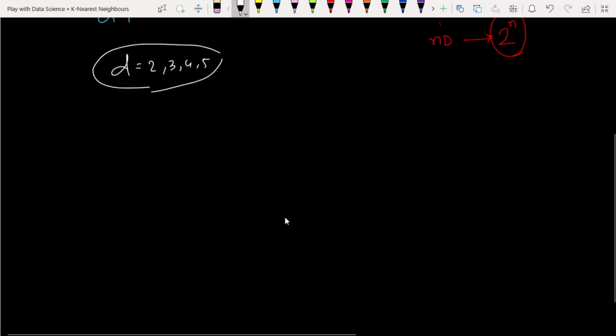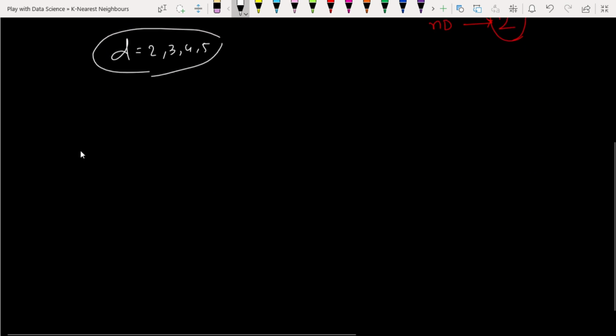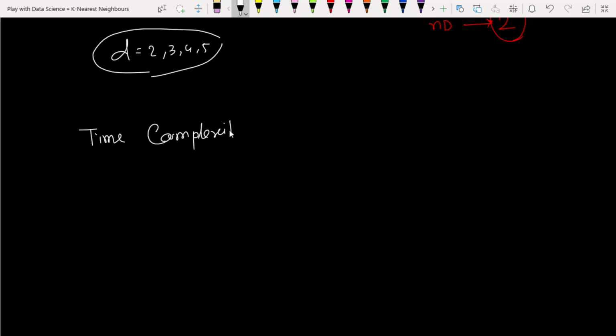Another thing is the time complexity. For the best case, we have seen that the time complexity is order of log n to find one nearest point.